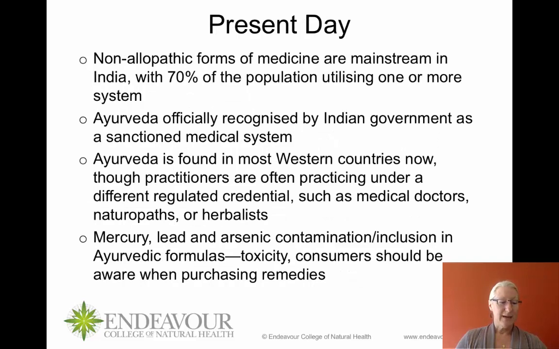In the present day, there are numerous non-allopathic forms of medicine that are mainstream in India, with 70% of the population utilizing one or more of those systems. And Ayurveda is officially recognized by the Indian government as a sanctioned medical system now. So that overcame the suppression that took place at the hands of the English occupation.